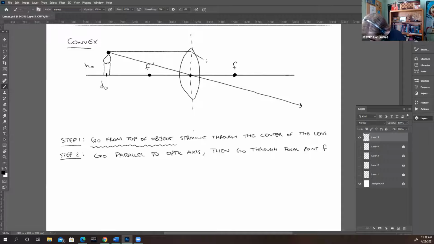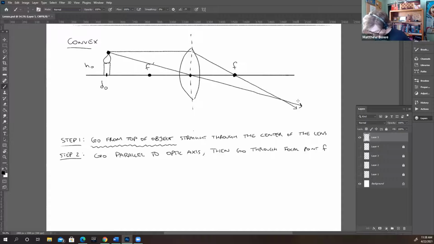And I don't have any measurements, so this could probably be a lot better if I was using an actual ruler. That's the cool thing about these diagrams, is that if you do them accurately with a ruler, you can get actual values just from the drawing.